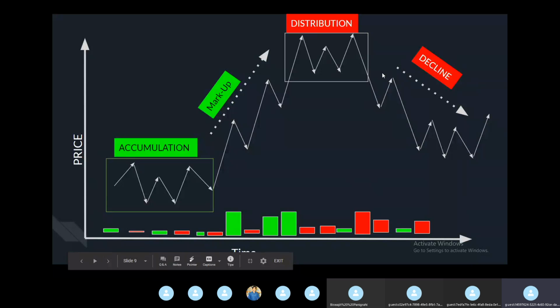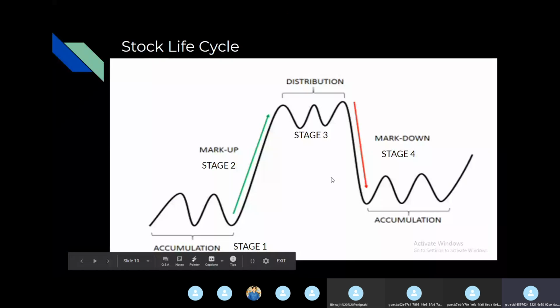Now the question I'm going to ask is where we need to trade. The first thing, do we like this one, or would we like a ready-made one that we copied from somewhere? So this is a very simple one, where you see accumulation is happening. This is what we call stage 1.